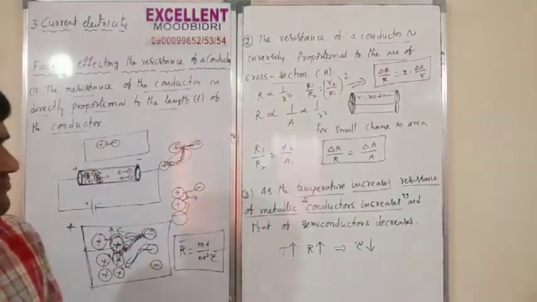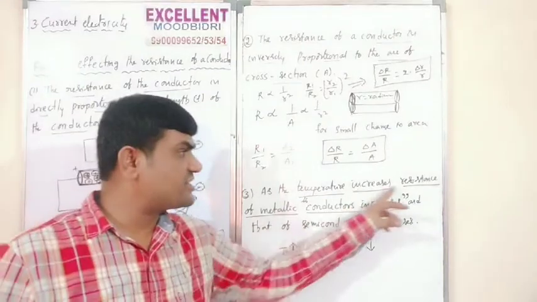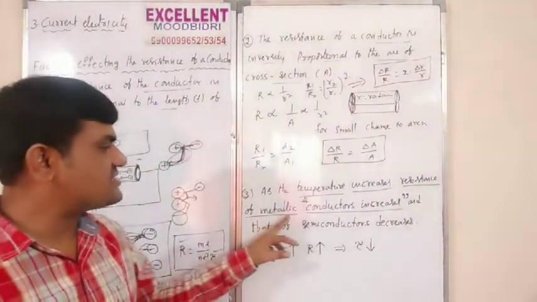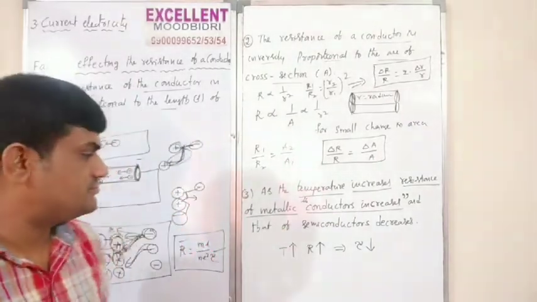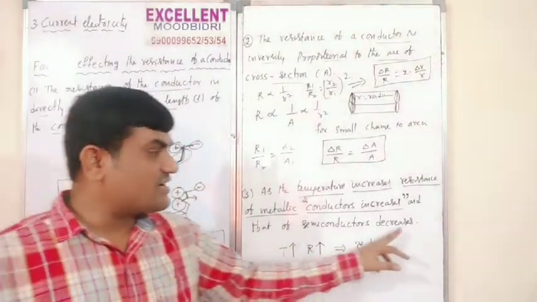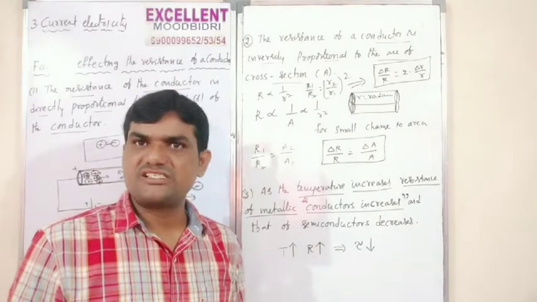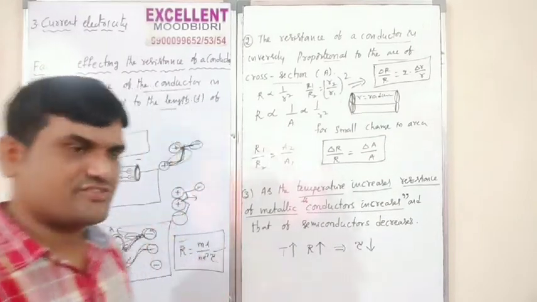So these are some factors. As the temperature increases, the resistance of a metallic conductor increases, and that of semiconductors decreases.